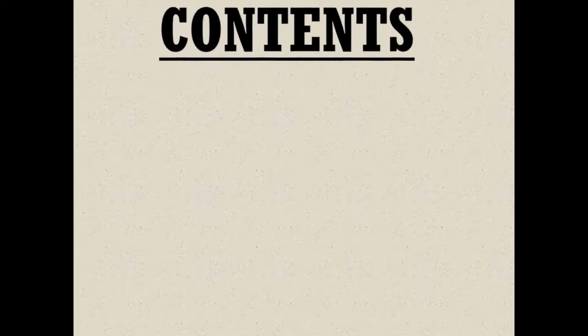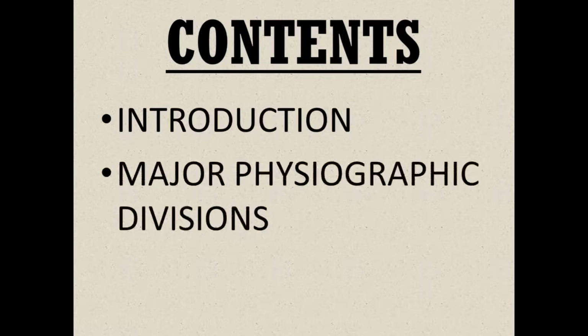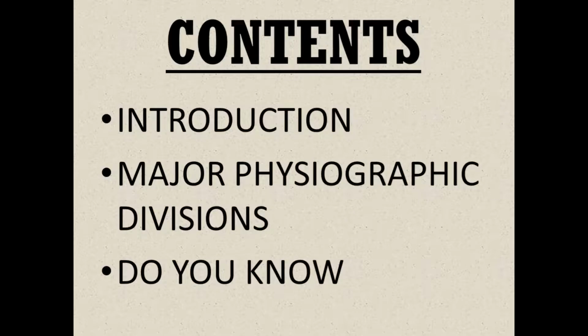In this chapter, the contents are introduction, major physiographic divisions, and do you know? In this video, we are going to see introduction. In major physiographic divisions, we are going to see about the Himalayan Mountains, the northern plains.